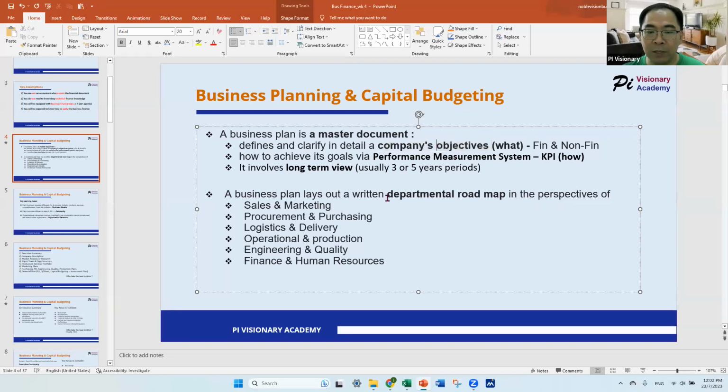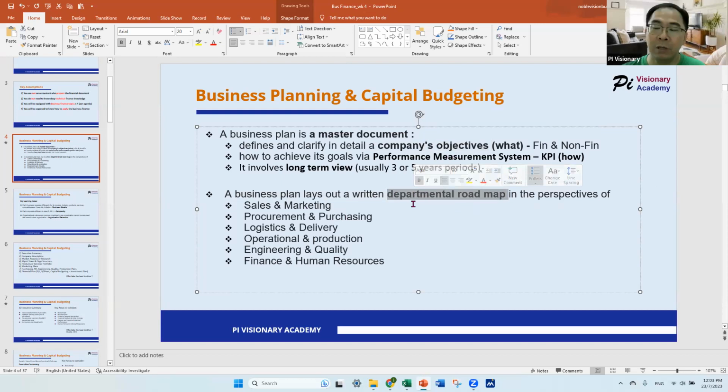We know that your departmental budget and departmental objective must be in line with the company. If your department doesn't have the target or plan, we are aware of the consequence.